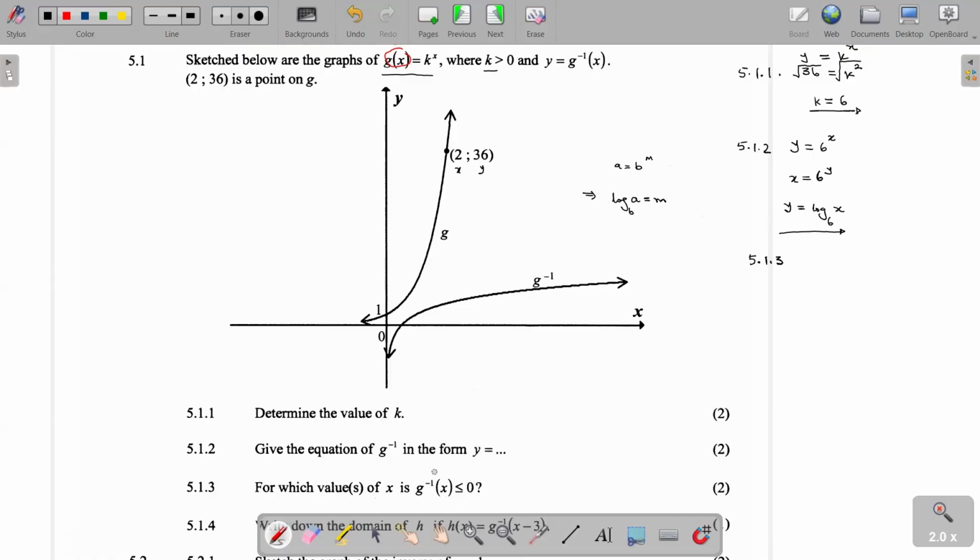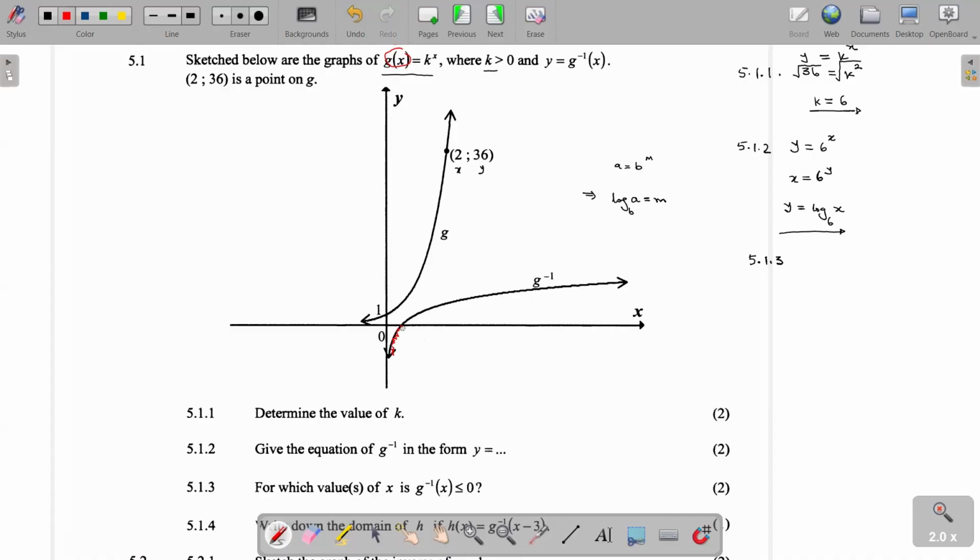The graph of the inverse is drawn, and when they say less than or equal to 0, we want the part which is below the x-axis. So the part that we want is from the x-intercept going down, because they said where g is less than or equal to 0. So we want the part which is below.